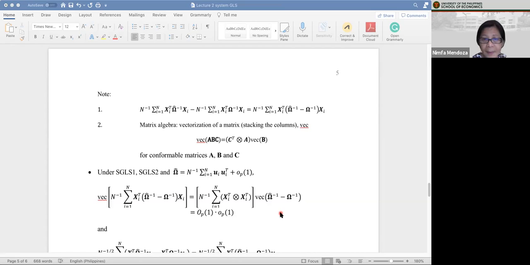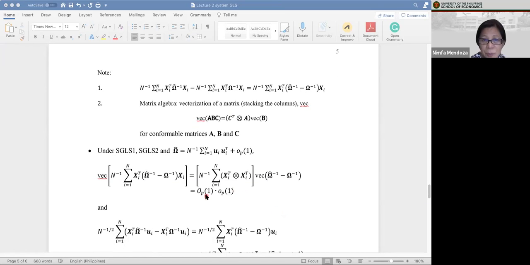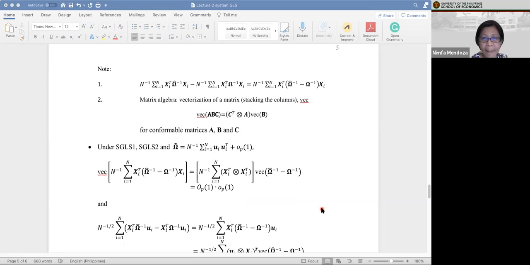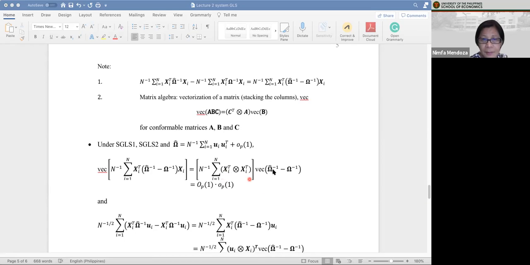This term is bounded in probability, and this term converges in probability to zero. And we know, I think we had a lemma before, that the product of these would be a term that converges in probability to zero. For this equation then, this is just the vectorization of this expression.